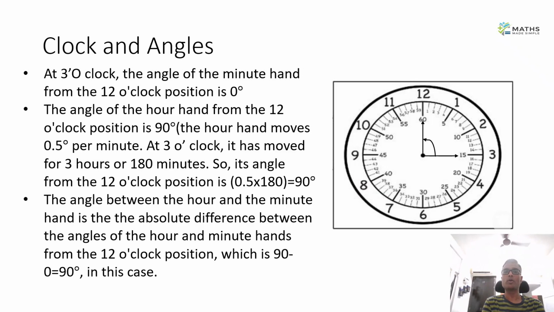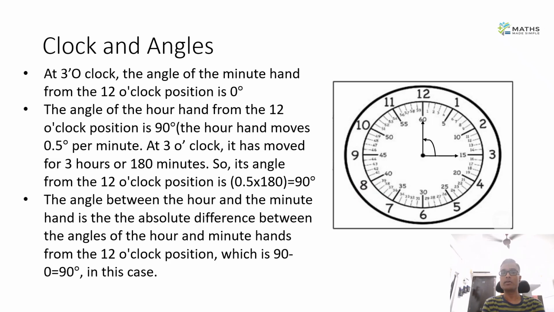So at 3 o'clock, the angle of the minute hand from the 12 o'clock position is 0. The angle of the hour hand from the 12 o'clock position is 90 degrees. Now, how did we arrive at that? Now, we know that the hour hand moves at the rate of 0.5 degrees per minute.